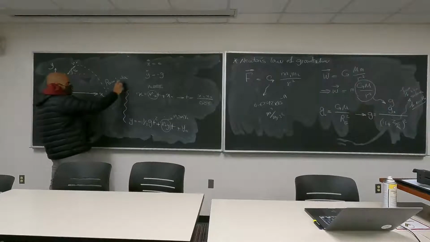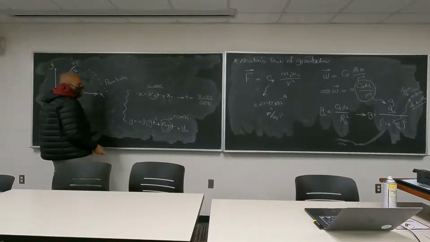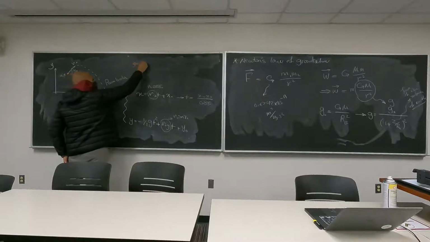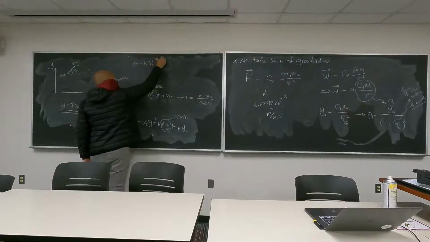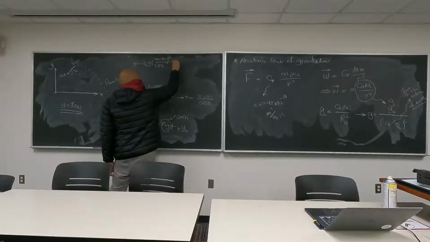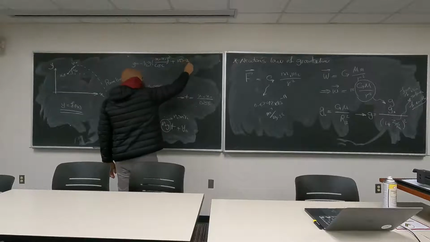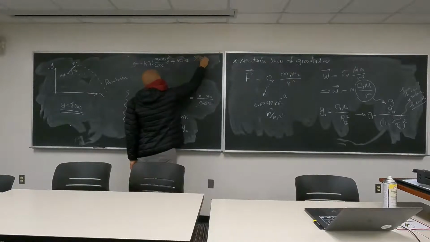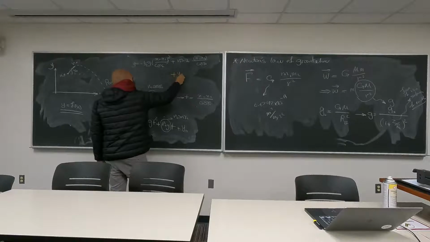You're going to get y is equal to negative 1/2 g times x minus x naught divided by cosine of gamma naught, squared, plus v naught sine of gamma naught times x minus x naught divided by cosine of gamma naught, plus y naught.